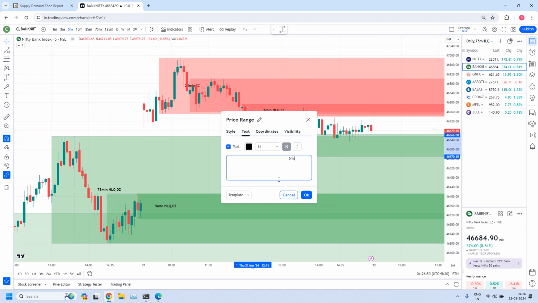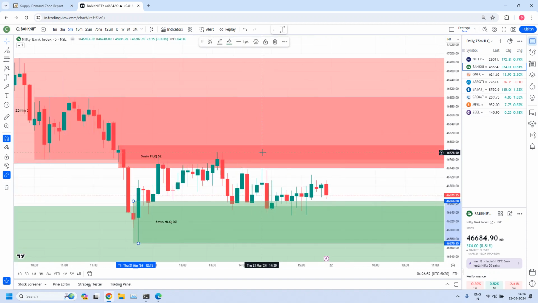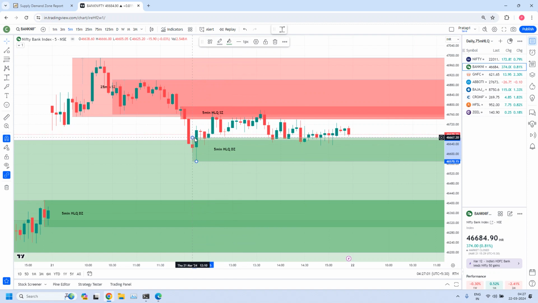This is 5 minutes. See today, the rest of the day, after 12 o'clock, prices were moving here only. They're moving in a narrow range. That means equal demand and equal supply.